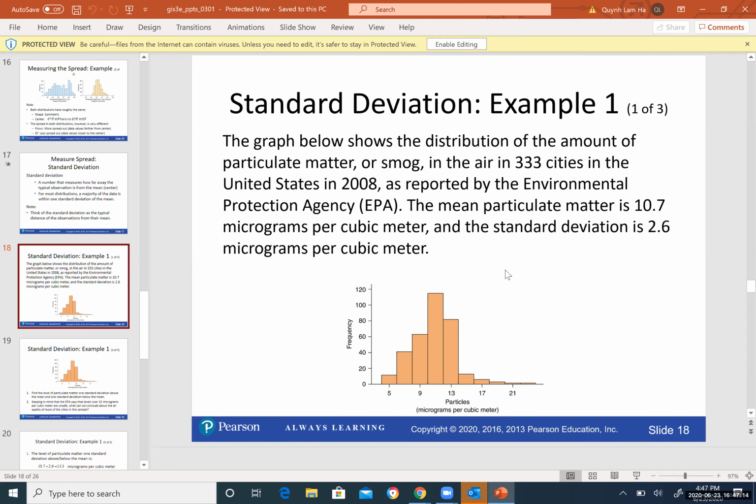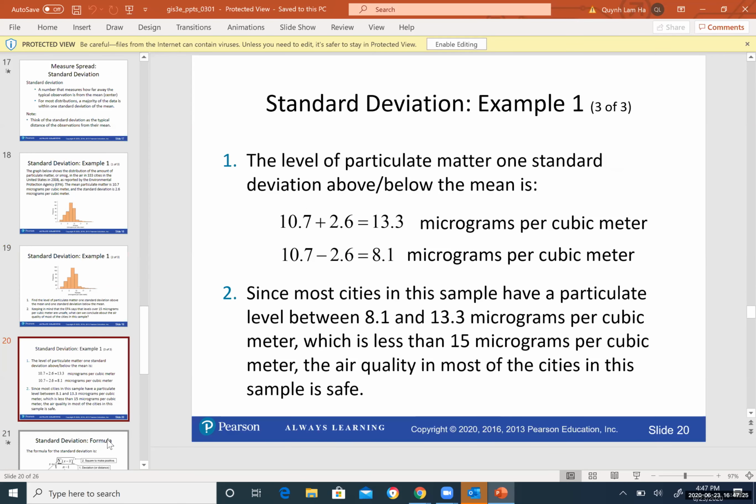So they're asking us to find a level one standard deviation above the mean and one standard deviation below the mean. This is how you do it: you add or subtract the standard deviation. Here they have the mean, and you add that 2.6, which represents one standard deviation. You add that, you get this level, and you subtract that.